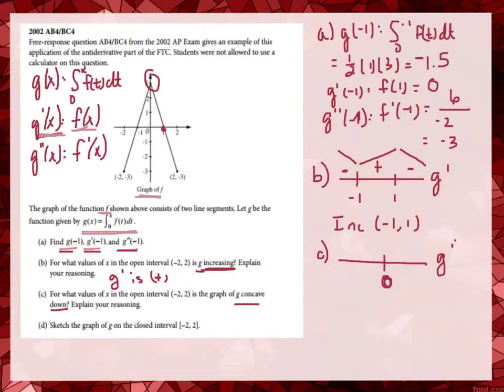So to the left of 0, g double prime, which is the slope of f prime, or the slope of f, would be positive because it's increasing. And then it would be negative from 0 to 2 because we're decreasing. And so my slope then is positive, then negative, and I'm looking for concave down, which would be when I'm negative. So this is concave down from 0 to 2, and my justification would be g double prime is negative.